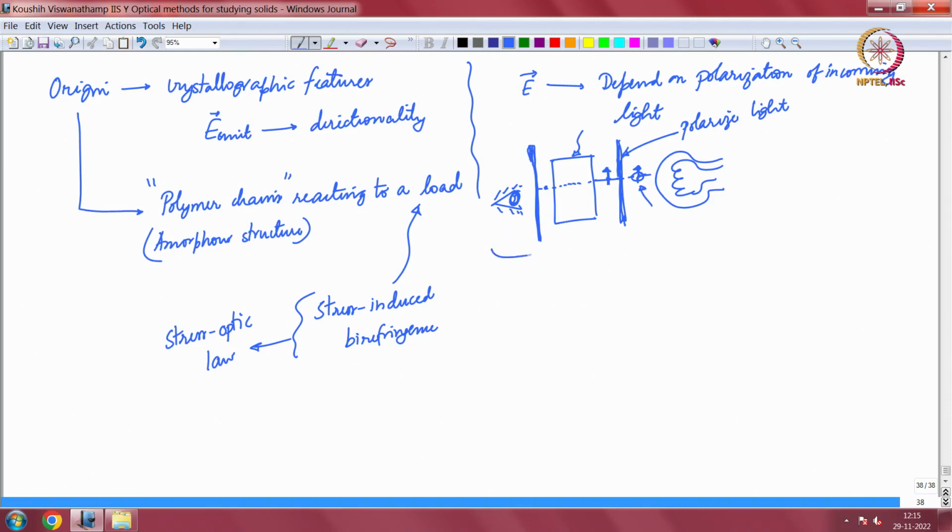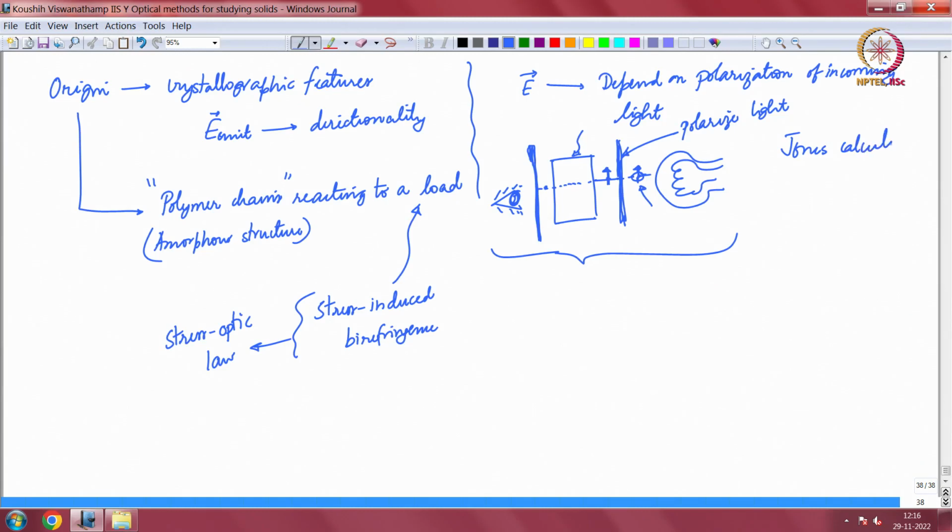So, what we will do in the next session is basically set up a framework for analyzing this entire process. There is a somewhat archaic term for this called Jones calculus. I will refrain from using this term because it is basically complex manipulation using complex numbers.